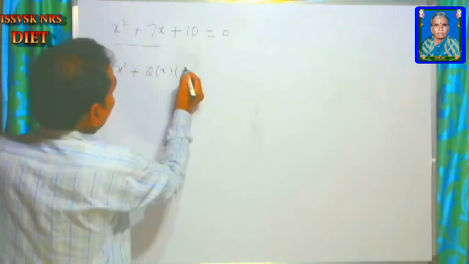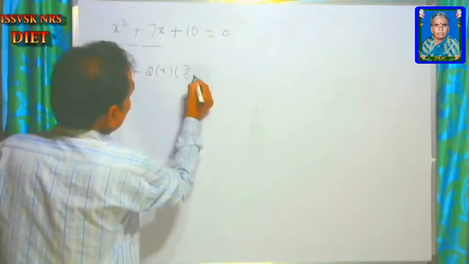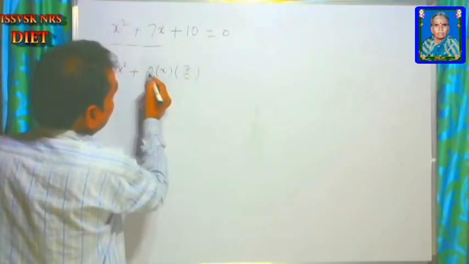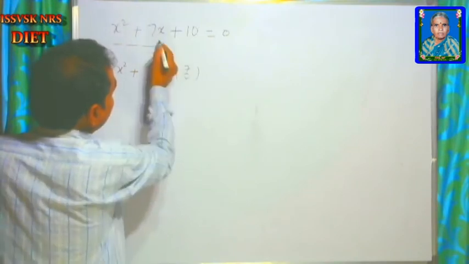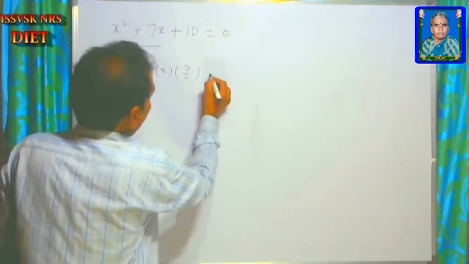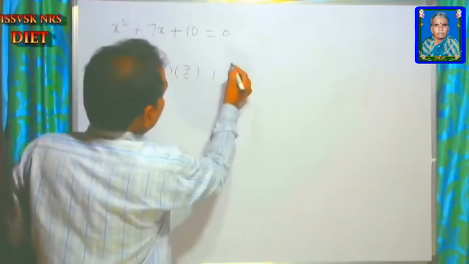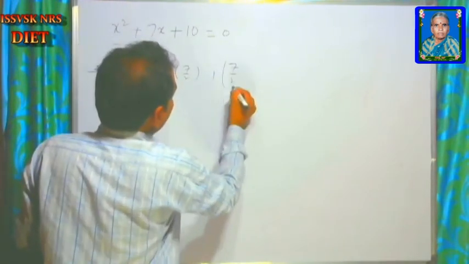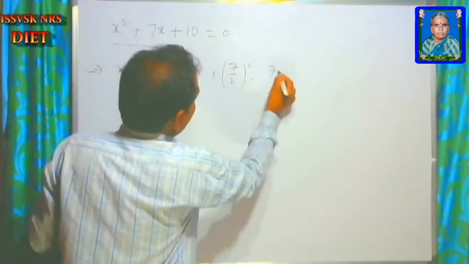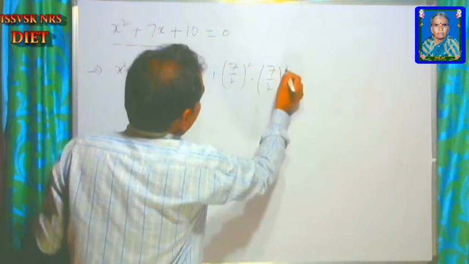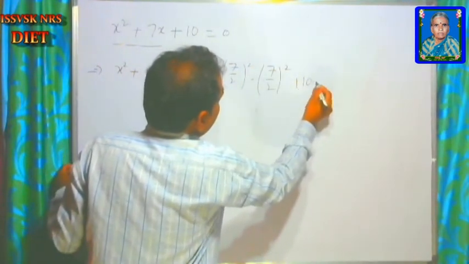Therefore here we have to write 7 by 2, because you see the 2 cancels, therefore this becomes 7x, plus 7 by 2 whole square minus 7 by 2 whole square plus 10 is equal to 0.